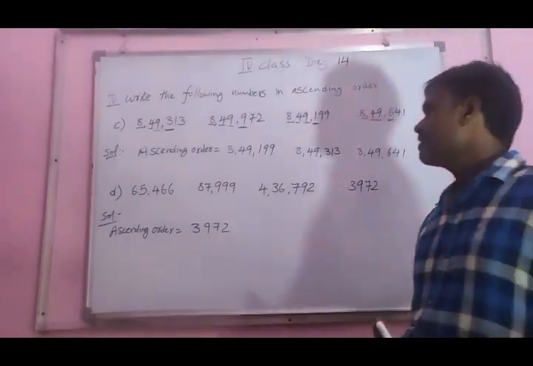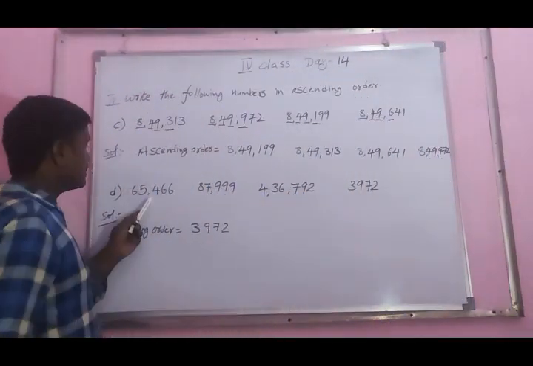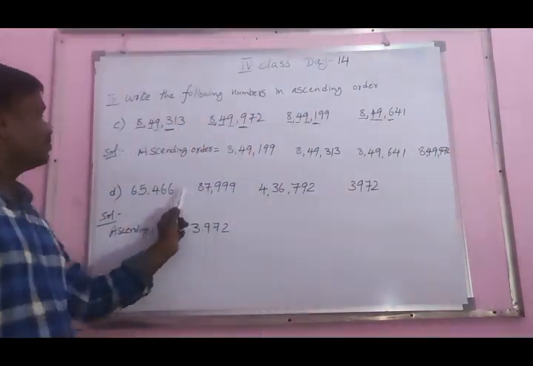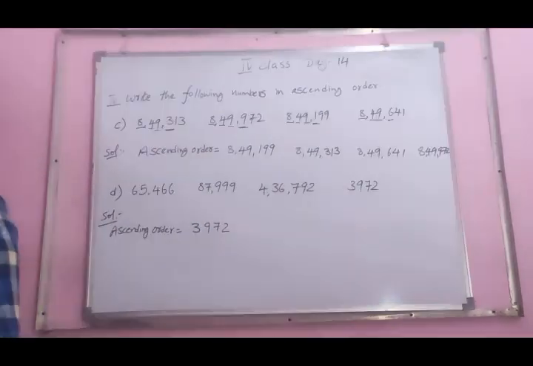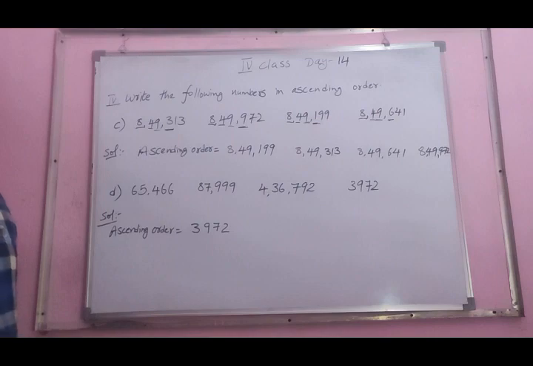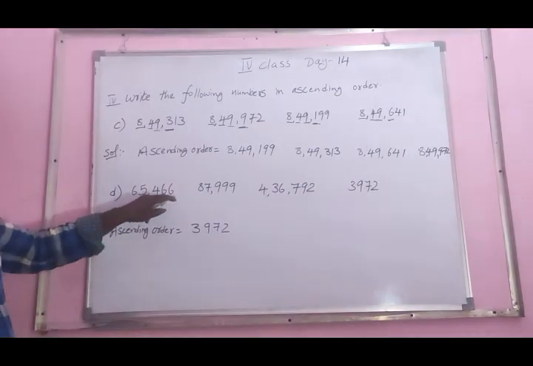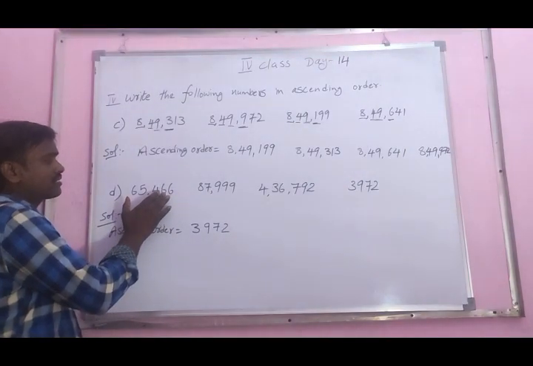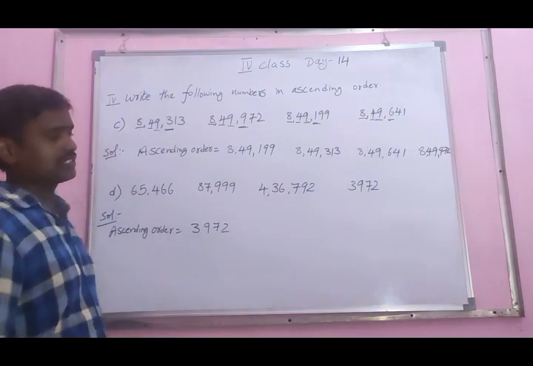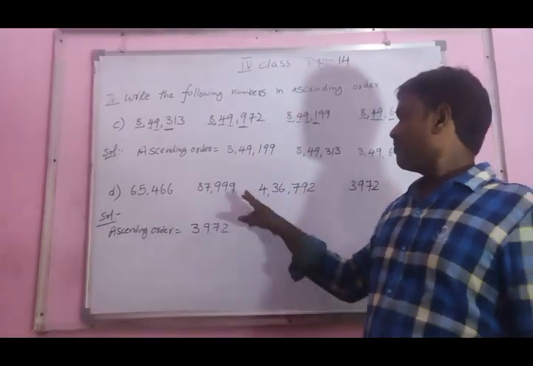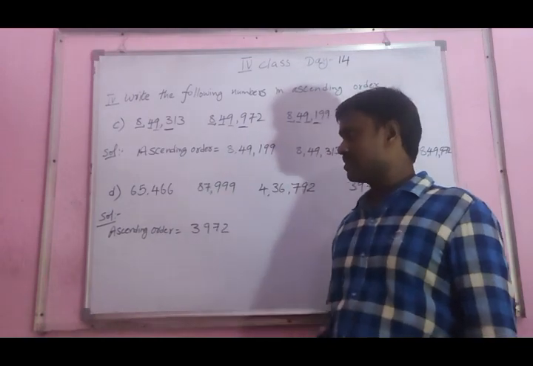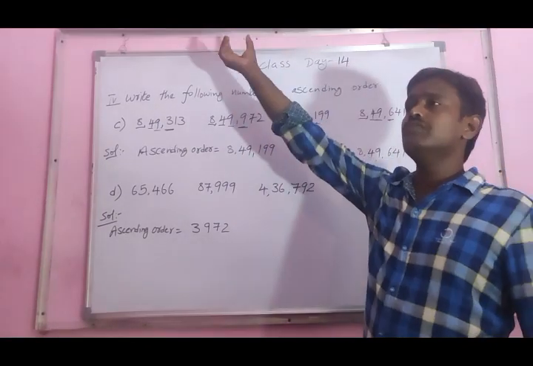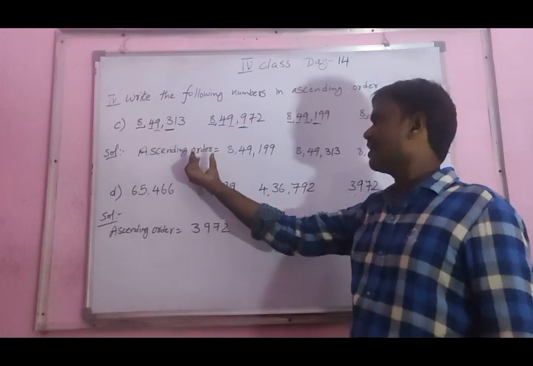Next one. Here 5 digits, 5 digits. In these two numbers, compare the numbers. First of all, the highest place value is ones, tens, hundreds, thousands, 10,000s. The 10,000s place here is 6, here 8.